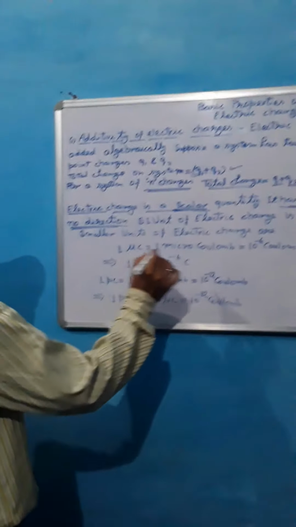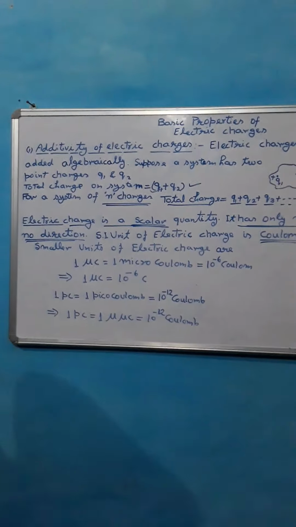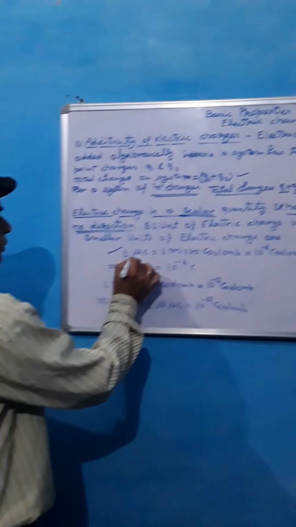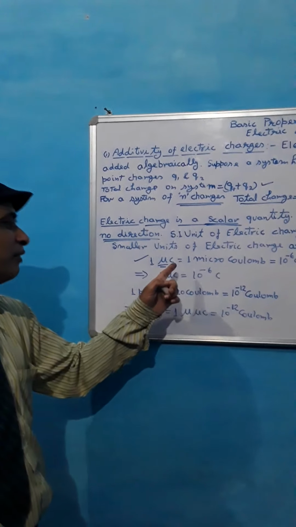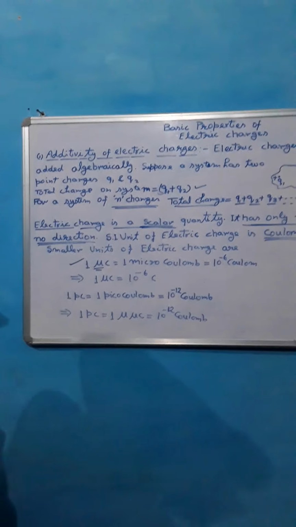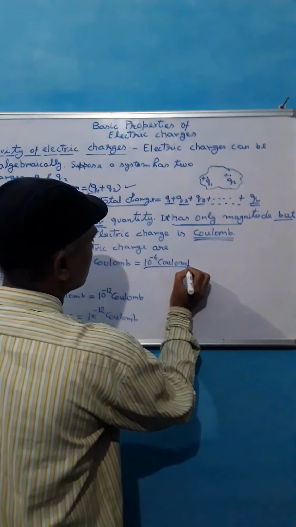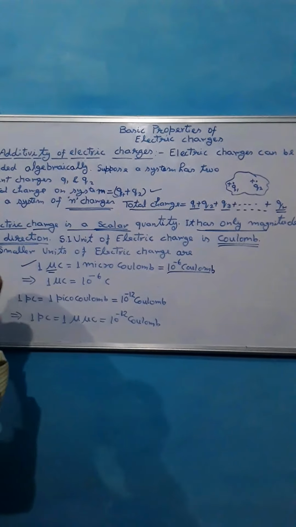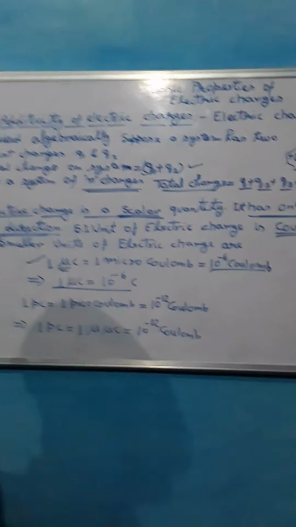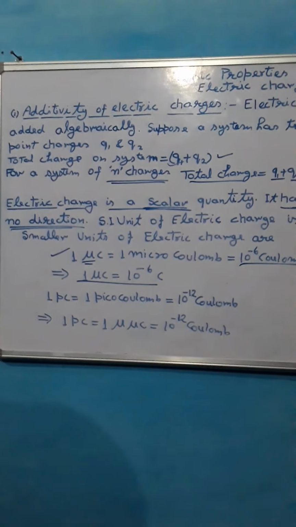Smaller units of electric charge are very important because in numericals we will use these smaller units. Here I write 1 μC, where μ is the abbreviated form of micro, so 1 microcoulomb is equal to 10 to the power minus 6 coulomb.